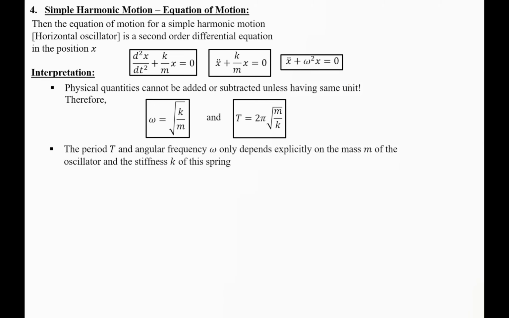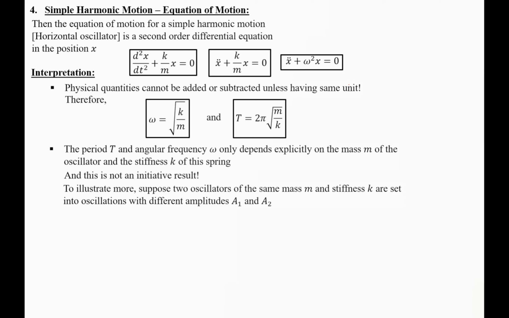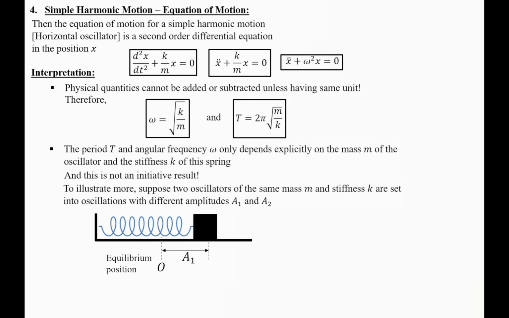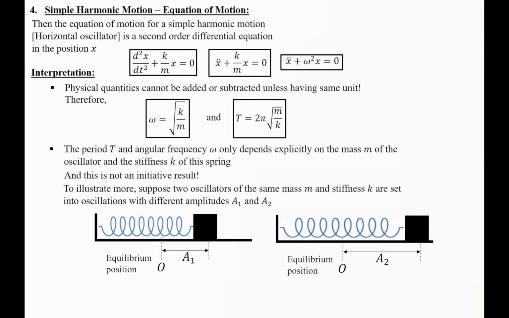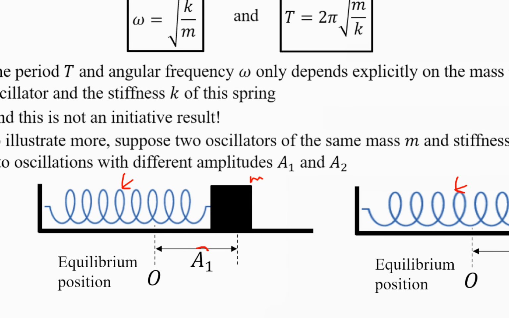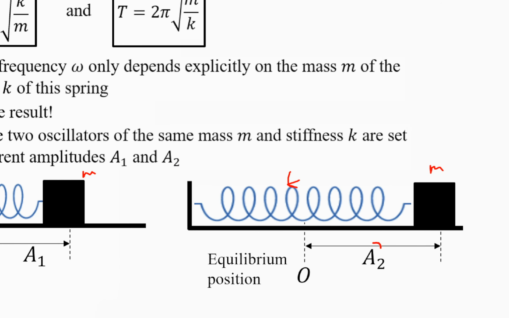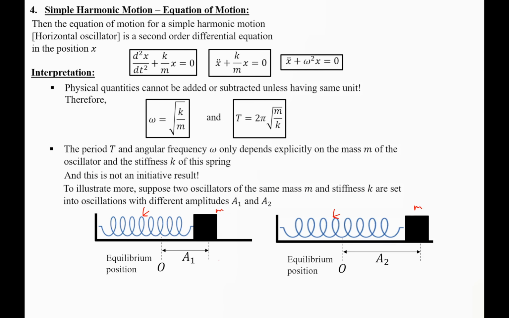The period and the angular frequency only depend explicitly on the mass m of the oscillator and the stiffness k of the spring, and this is not an intuitive result. To illustrate more, suppose two oscillators of the same mass and stiffness k are set into oscillation with different amplitudes a1 and a2. They have the same stiffness k and the same mass. We're going to drive this oscillator with an amplitude a1, and this oscillator with an amplitude a2, and a2 is greater than a1.